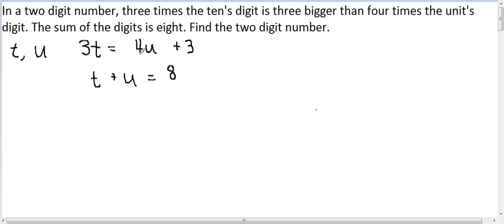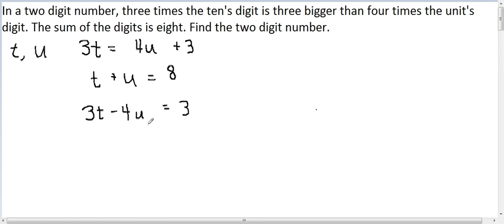So we're going to subtract 4u from both sides of the equation, and when we do, we find that 3t minus 4u is equal to 3.